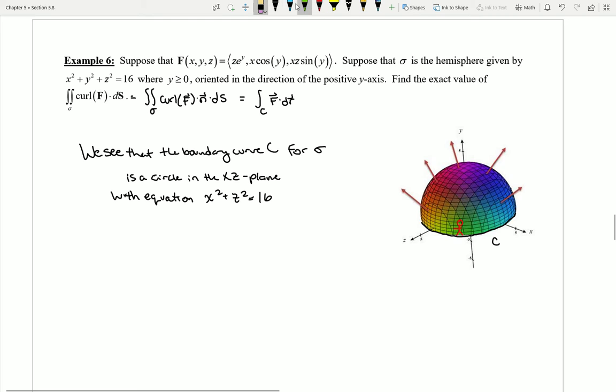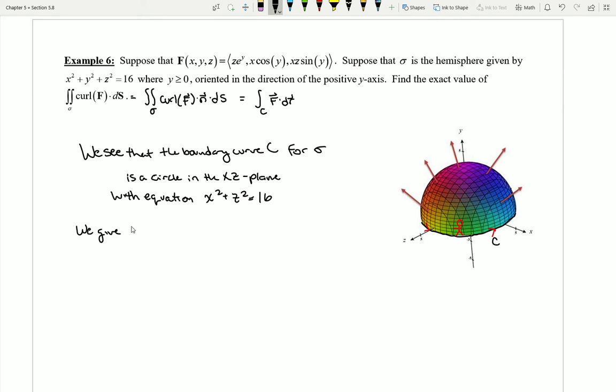And I have to imagine what direction they have to walk around this particular circle in order to keep their left hand touching the surface. Well, it seems like they would have to walk this direction. They'd have to walk from the positive z towards the positive x-axis. So they'd have to walk in this direction. So I'm going to summarize this with the following picture.